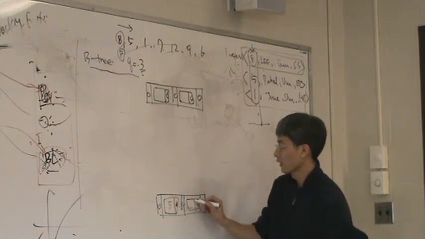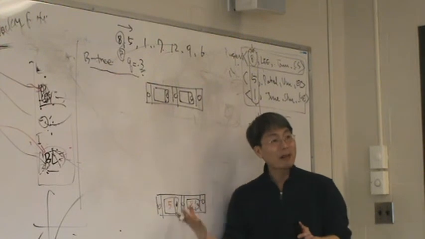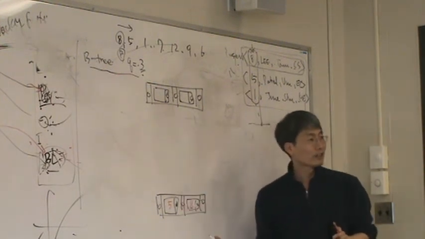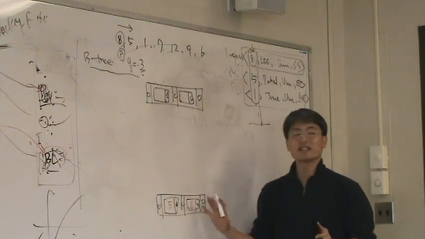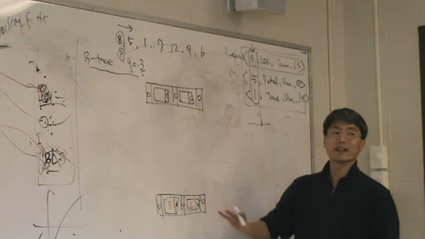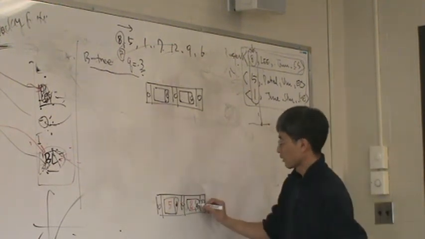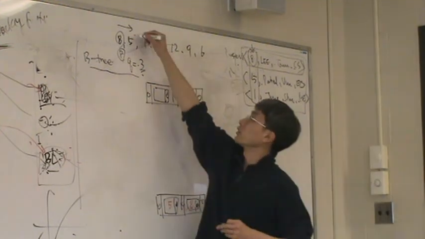So 5 and 8. But it doesn't matter, eventually it's a matter of the children node. When you construct the children node, you need to order the index key entries. So 5 and 8. Then we have data pointers, no children pointer yet.